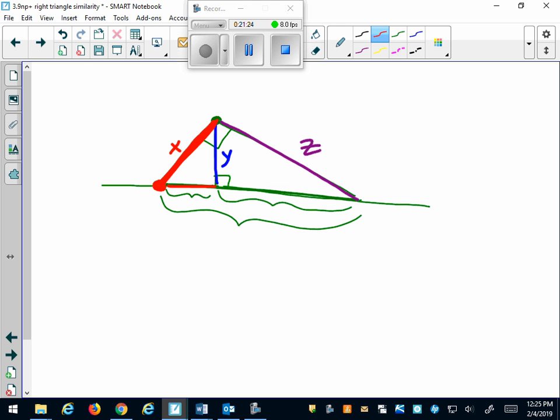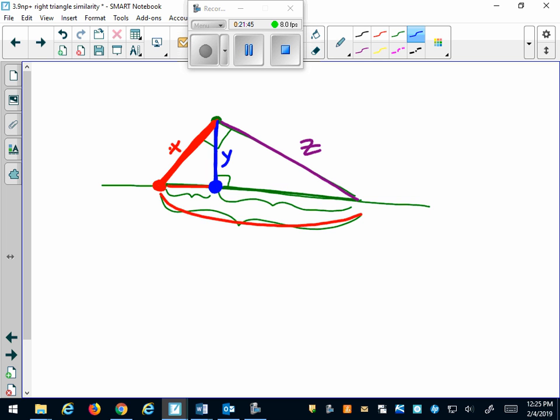The shortest one and the longest one. So X is the geometric mean of those two. Keep going. Y shoots down, connects with the opposite side at this endpoint.